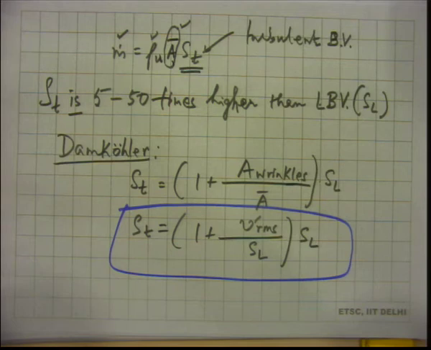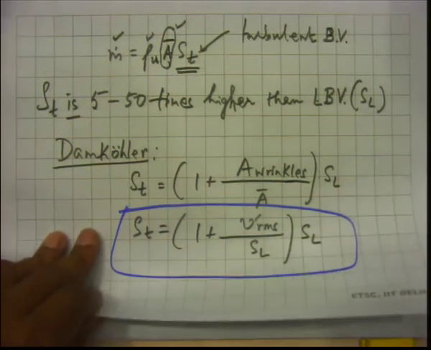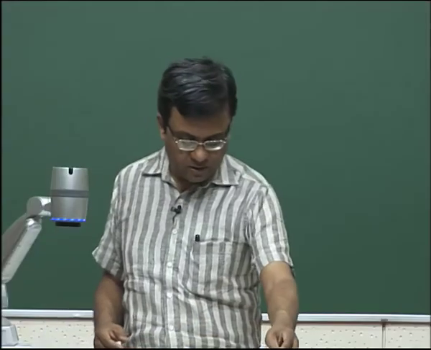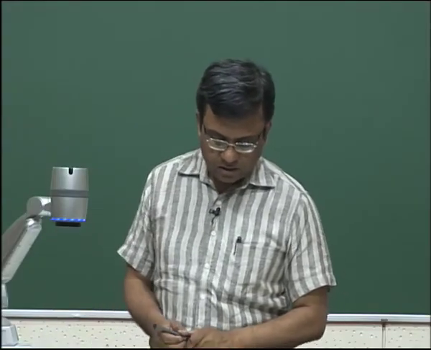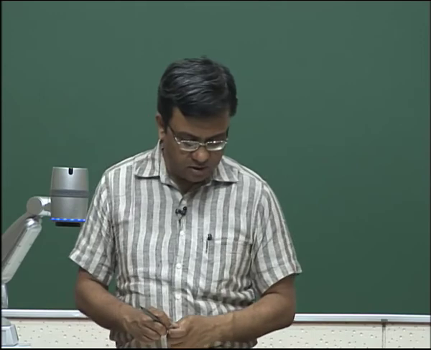So, this is the Damkohler model, and this model was given in 1940, a long time back. Subsequently, other people have given models, and these are again all empirical models.